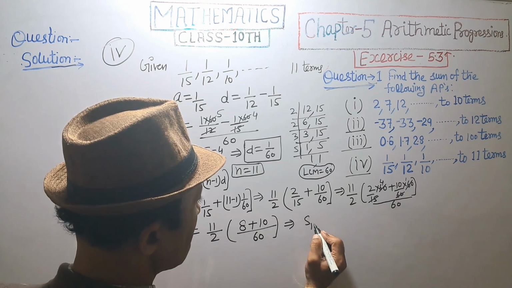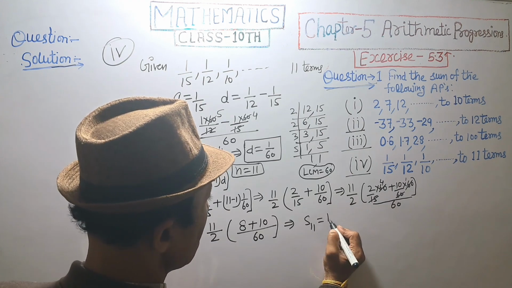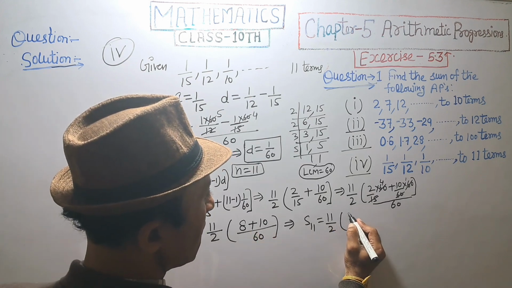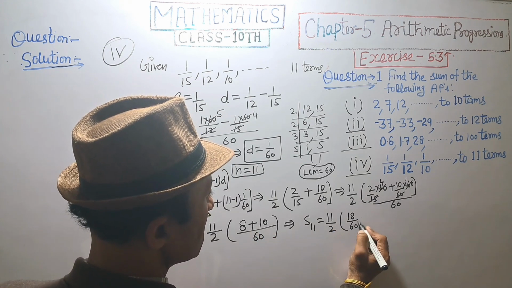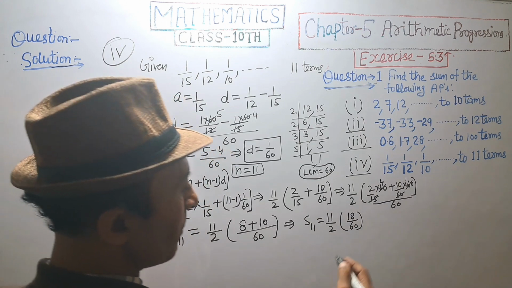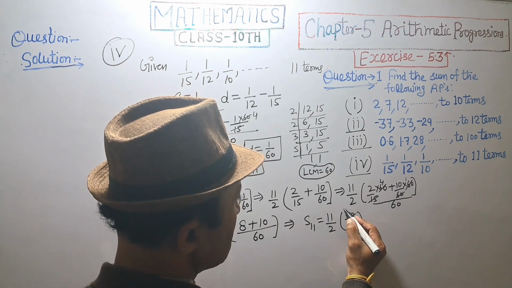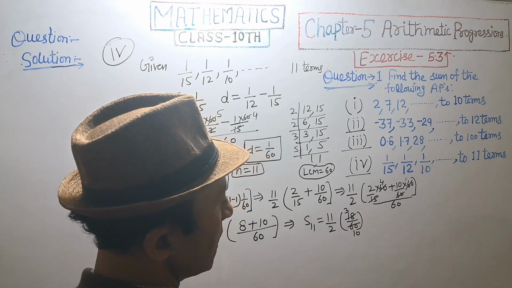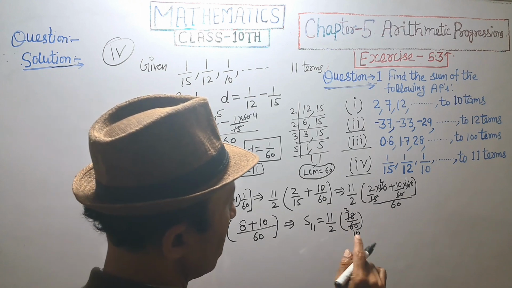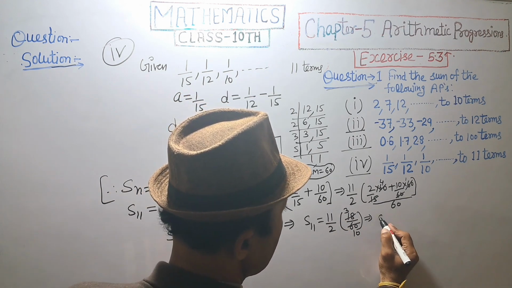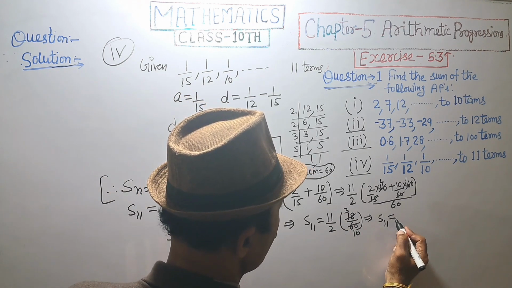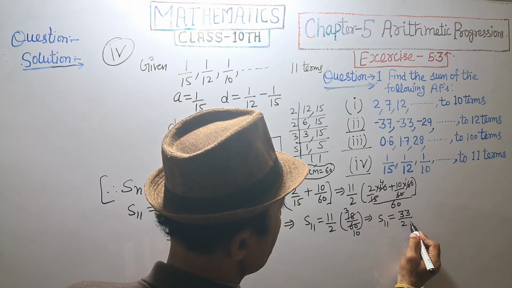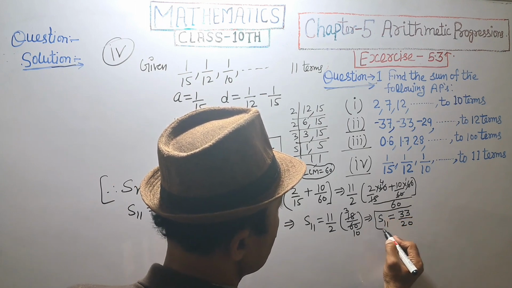This implies S11 is equal to 11 upon 2 and 18 upon 60. 6 3s are 18, 6 10s are 60. This implies S11 is equal to 33 divided by 20.